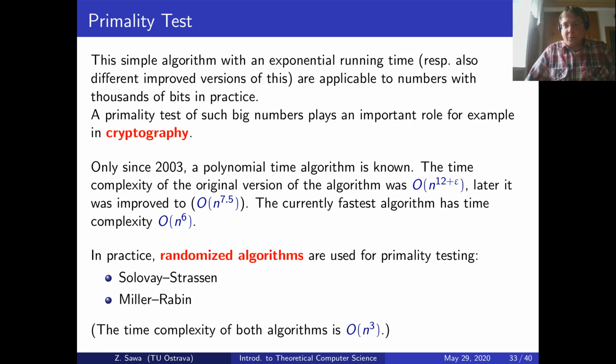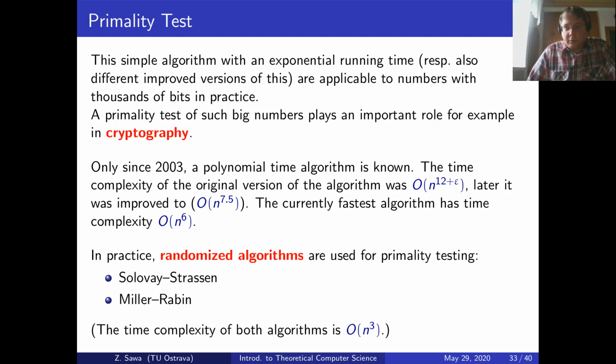In fact they are not correct algorithms in the sense we defined, that for every input the algorithm will always halt after some finite number of steps and give a correct answer. They will halt after a finite number of steps, with complexity n to 3.